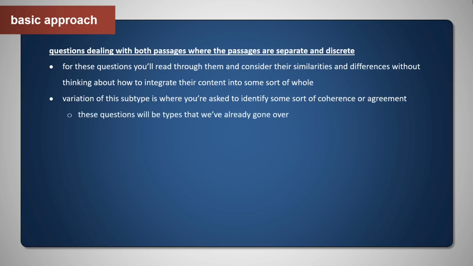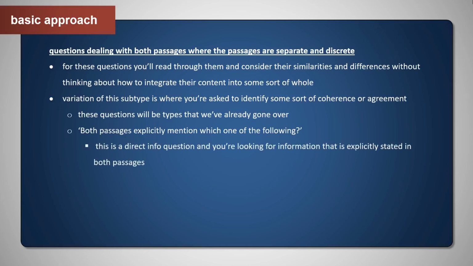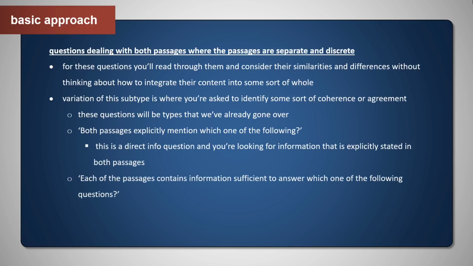These questions will be types that we've already gone over. For example: both passages explicitly mention which one of the following? This is a direct information question, and you're looking for information that is explicitly stated in both passages. Or: each of the passages contains information sufficient to answer which one of the following questions? This is also a direct information question.